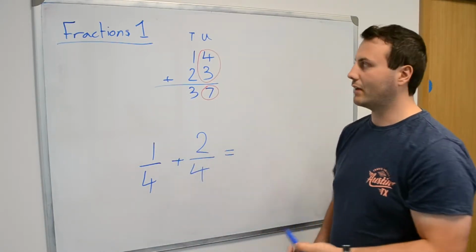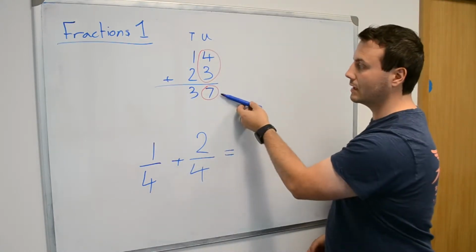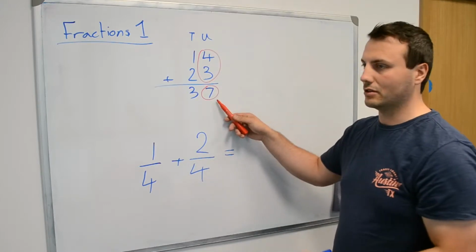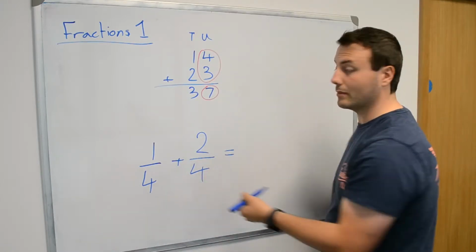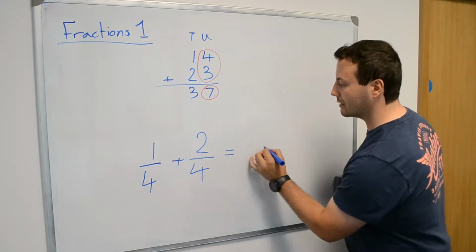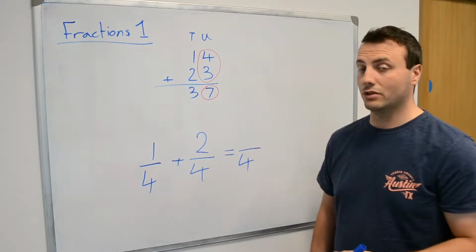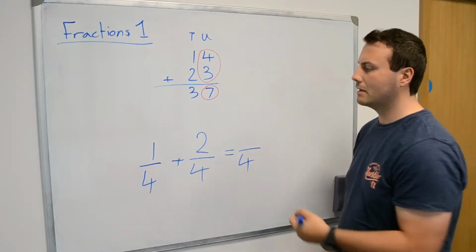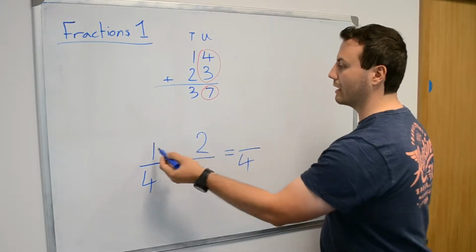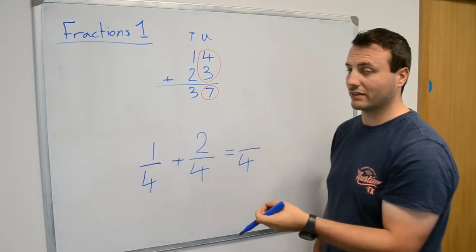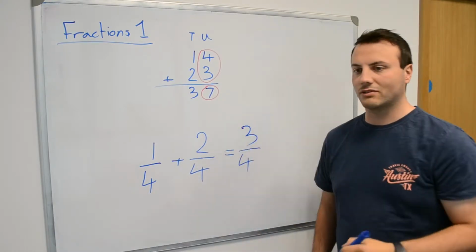Same way as beforehand, in our normal addition, where we were looking at the units column, and we had an answer that was also in the units column, the same will apply to our fraction. Because the base of both of these numbers is 4, our answer must also have 4 on the bottom. Now we have the base sorted, we can just look at the top and think, well, we have 1 lots of our fraction here and 2 lots of our fraction. So 1 plus 2, it's going to give us 3.